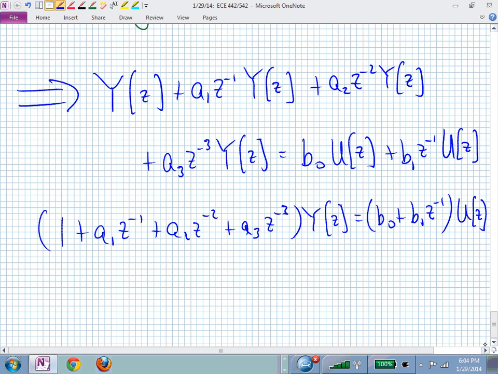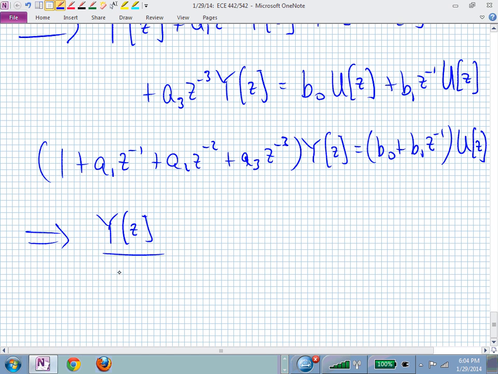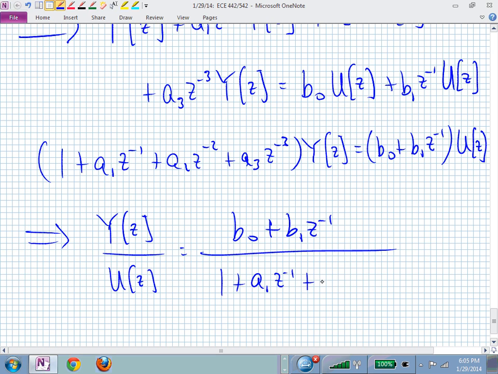And now we can find our transfer function. We can do the necessary cross multiplication and put y, the output, over u, the input. That leaves us with b sub 0 plus b1 z to the minus 1 over 1 plus a1 z to the minus 1 plus a sub 2 z to the minus 2 plus a sub 3 z to the minus 3.